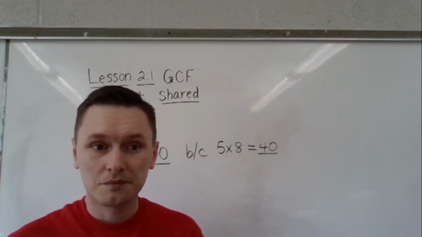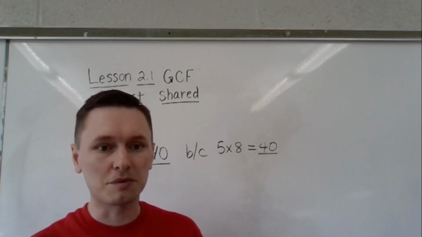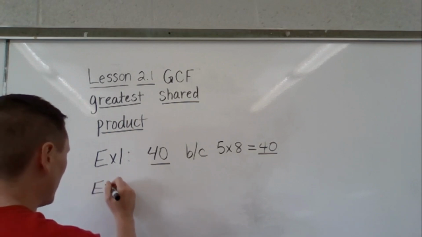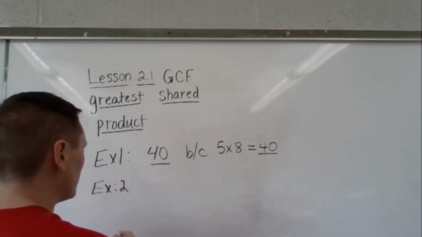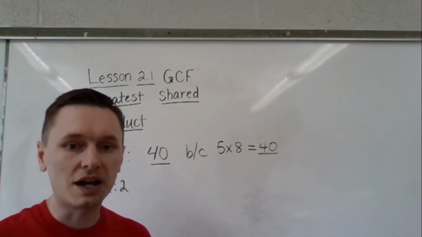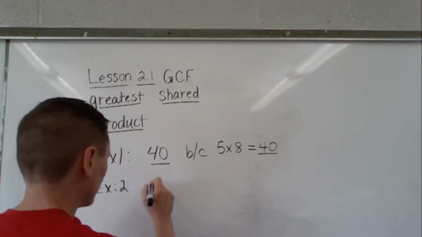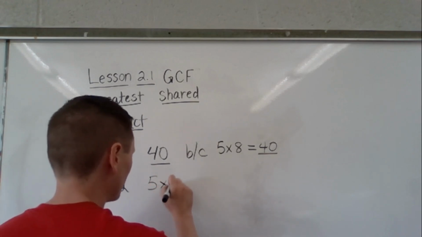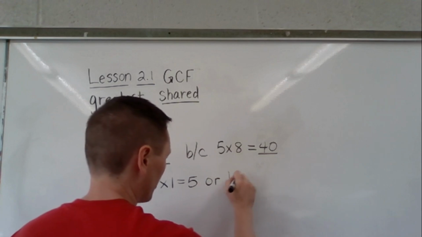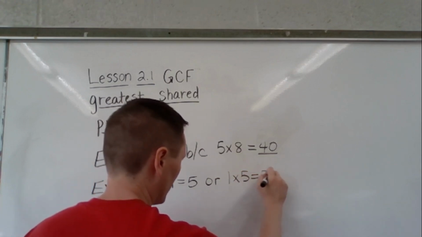Example number 2. 5 is a prime number because, so why is 5 a prime number? 5 is a prime number because the only factors for 5 are 1 and itself. So for example, 5 times 1 equals 5, or 1 times 5 equals 5.